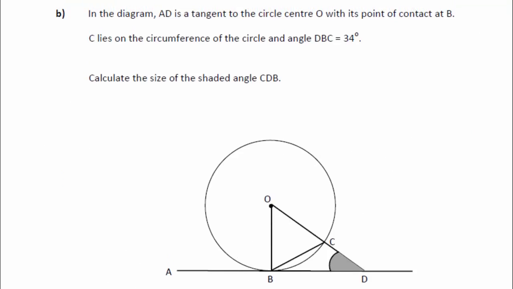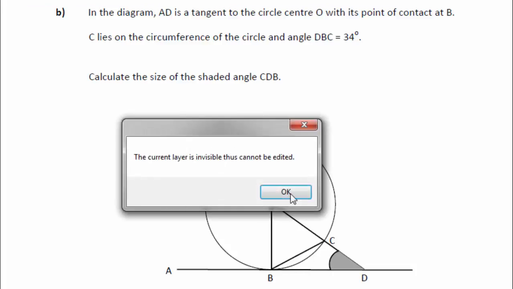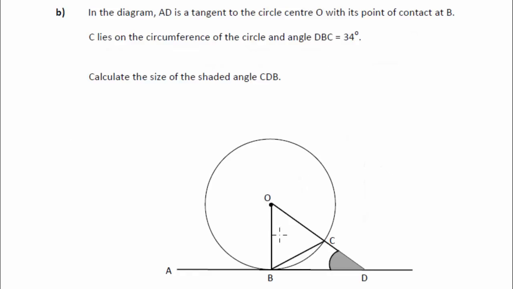Now there's another question, and it's a similar type of thing. What we've got here is AD as a tangent in the circle centre O, and DBC is 34 degrees. So I might just colour that in. This wee angle here is 34 degrees.